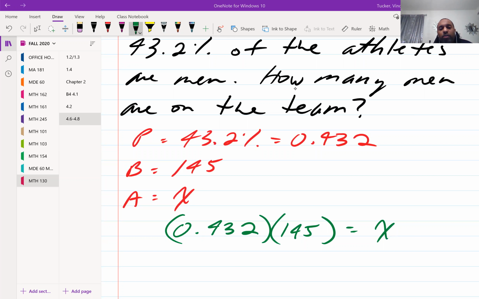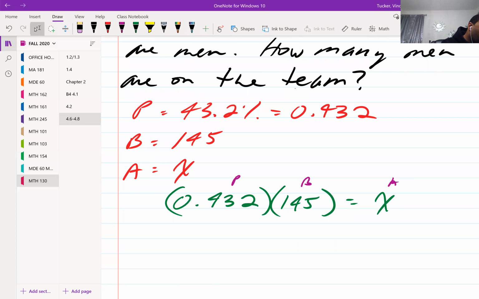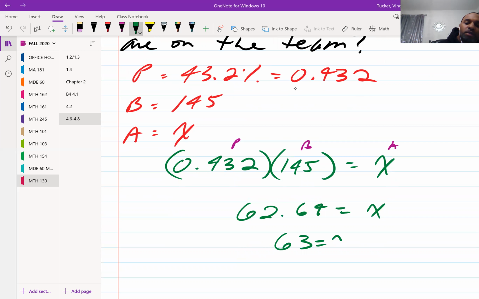So we have 0.432 times 145 is equal to X. Once again, P, B, A. All right, 0.432 times 145, and that is 62.64 equal to X. And I'm pretty sure they told us to round to the nearest whole, so that would be 63 men.